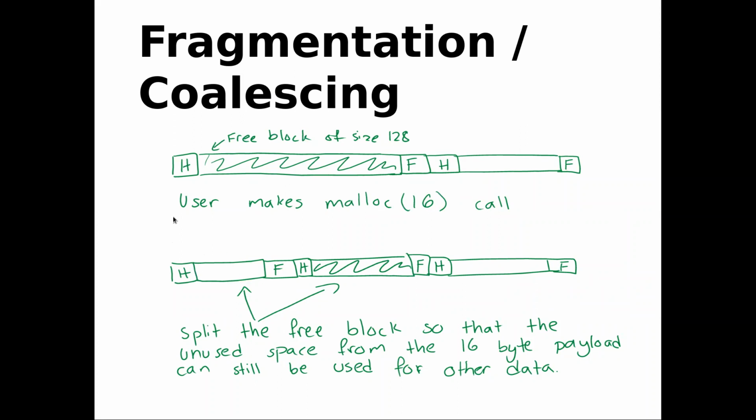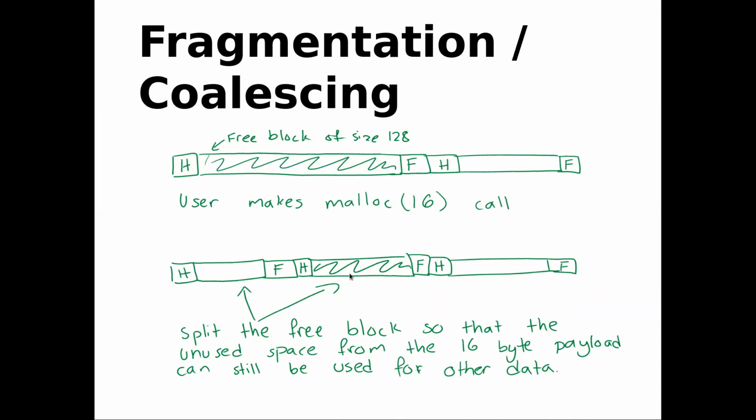There may be, by the way, some padding within the allocated block to ensure that the next allocated block has its payload aligned. But essentially, in this case, when we allocate a 16-byte block, we actually need to split this free block of size 128, so that we have enough bytes for the allocated payload here and the padding.